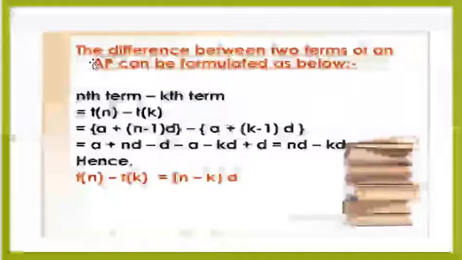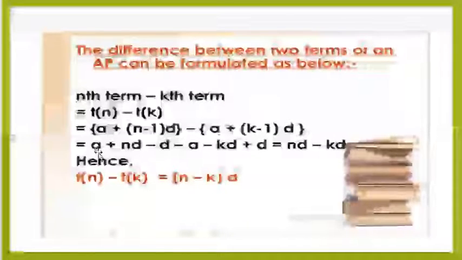Now we can see here the difference between two terms of an AP can be formulated as follows: nth term minus kth term, that is Tn minus Tk, equals a plus n minus 1 into d. This is the formula of the nth term, minus a plus, we put k instead of n, k minus 1 into d.